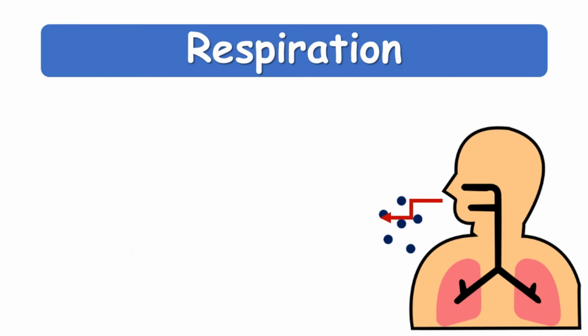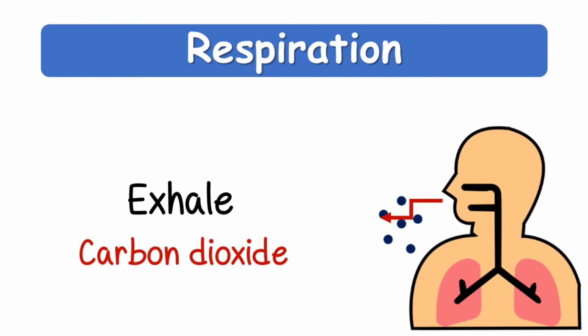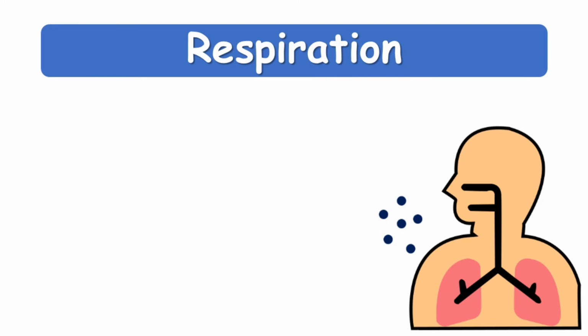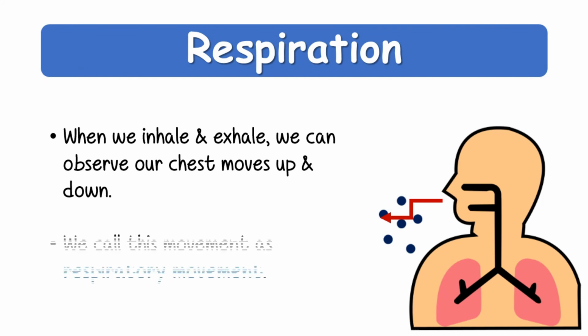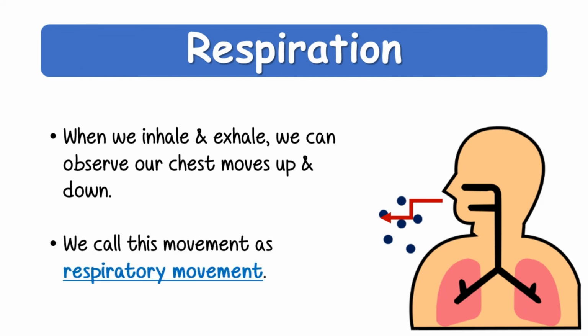Breathe out is called exhale, and we exhale carbon dioxide gas. When we inhale and exhale, we can observe our chest moving up and down. We call this movement respiratory movement.